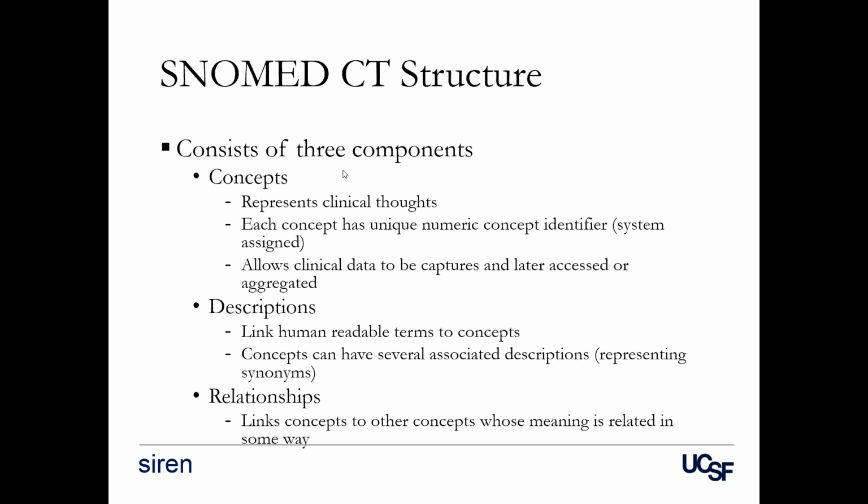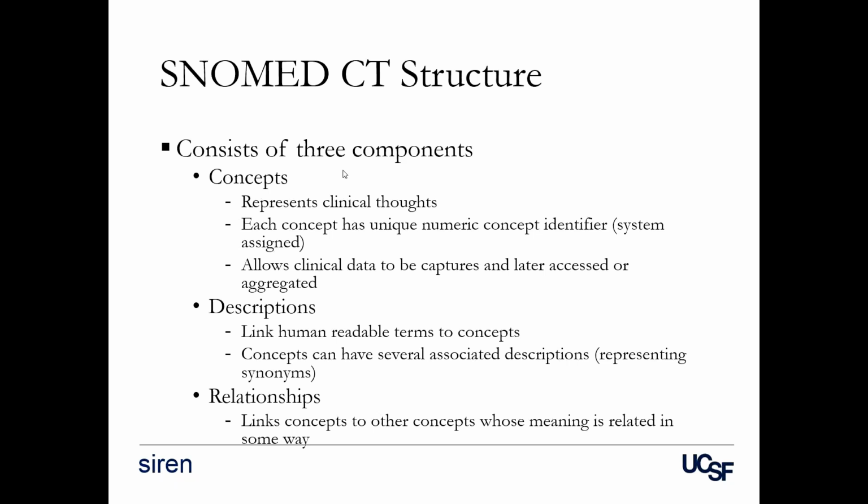The structure of SNOMED CT consists of three components. At one level, there are concepts. These concepts represent clinical thoughts, and each concept has a unique numeric concept identifier that is assigned as the system-assigned code. This allows for clinical data to be captured and later accessed or aggregated.